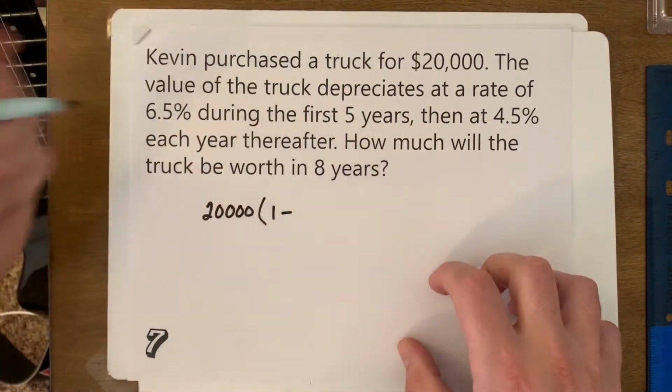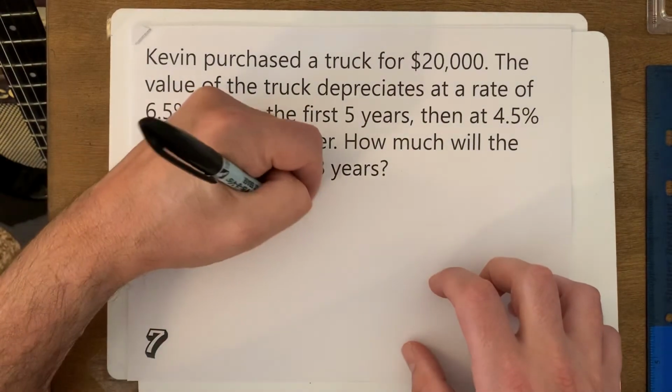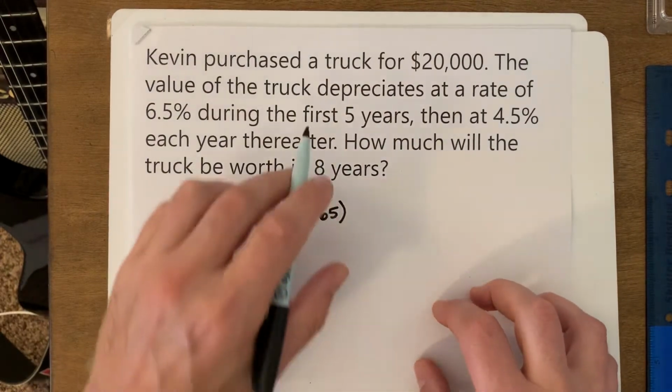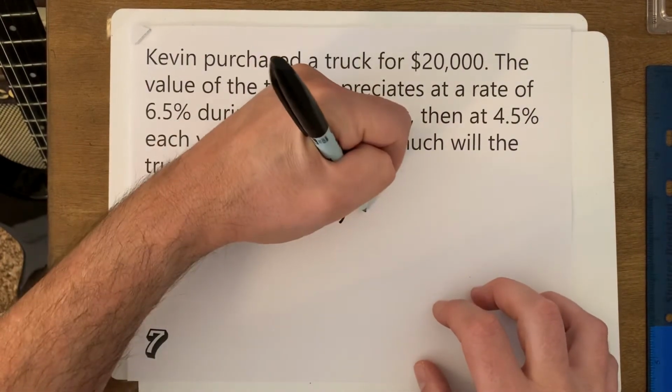Okay, 1 minus, because it's depreciating, 0.065, 6.5%, and we're going to do that for the first 5 years.